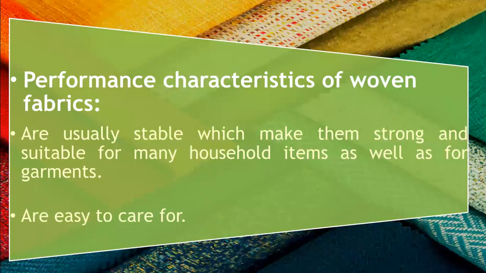If you study the performance characteristics of a woven fabric, you will notice that they are usually stable, which makes them strong and suitable for many household items, as well as for garments. Woven fabrics are easy to care for.